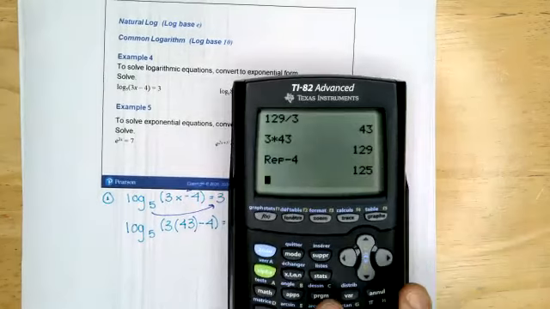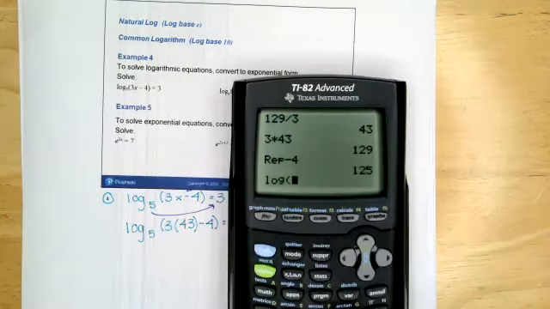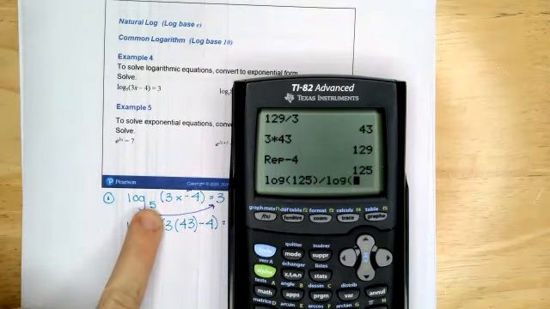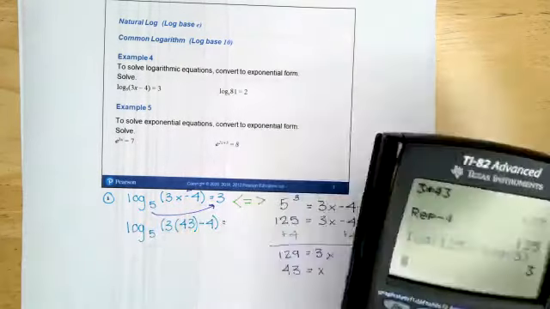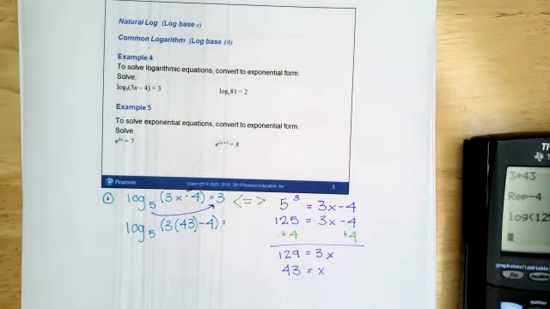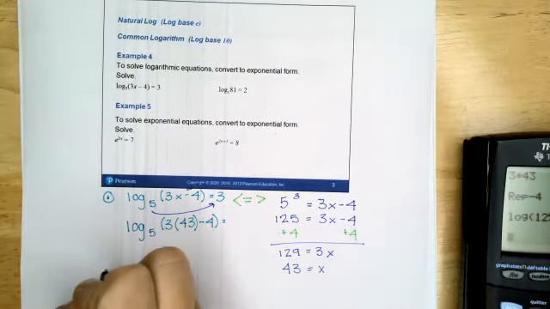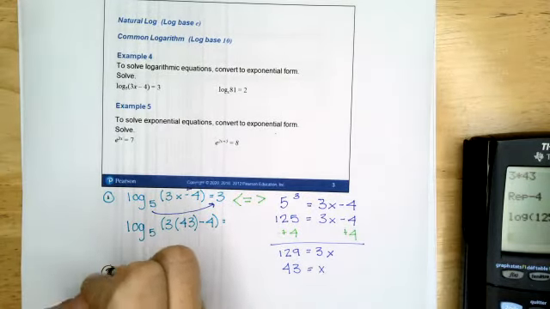So the log of 125 divided by the log of 5 is 3. I can check my answer. Good. All right. Second one, we are converting to exponential form again.